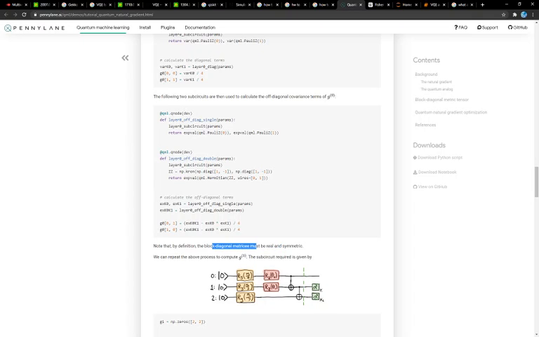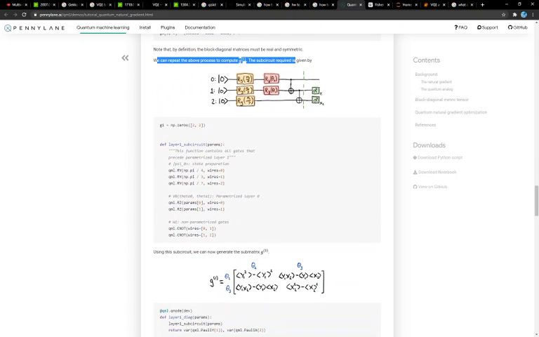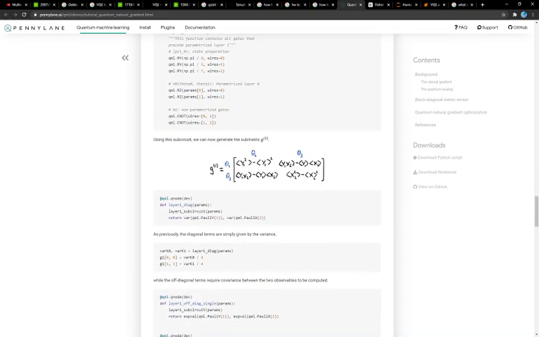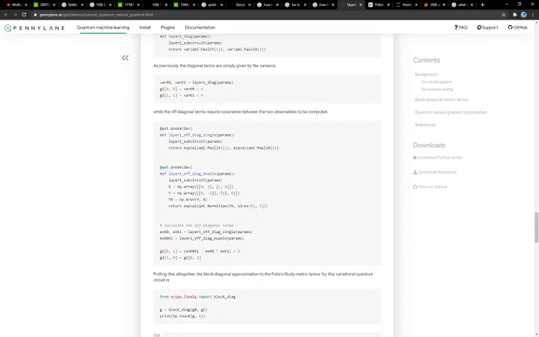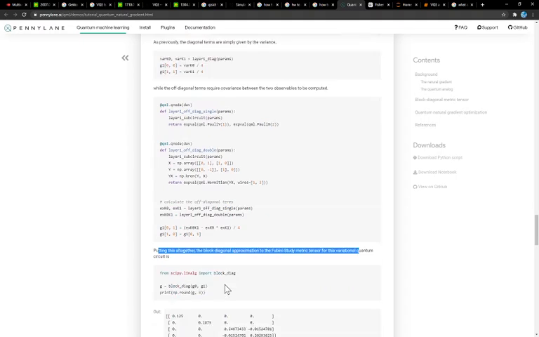The block diagonal matrix must be real and symmetric by definition. We can repeat the above process to compute G1. The sub-matrix G1. Interesting. While the off-diagonal terms require covariance between the two observables to be computed, putting this all together, the block diagonal approximation is this.